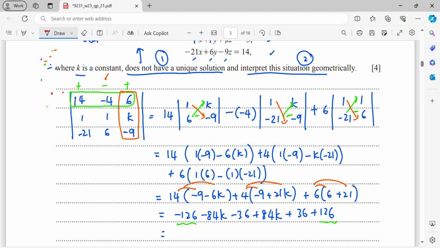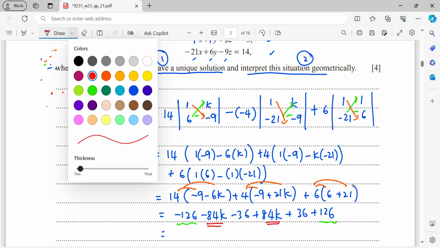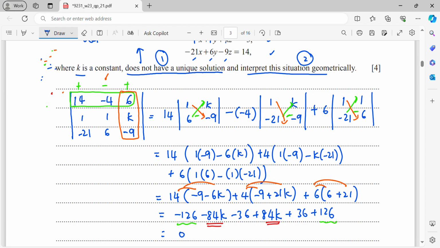From here, the first term and last term will cancel off. Then the second term will cancel off with the fourth term. Then you will get minus 36 plus 36. Therefore, you get 0.